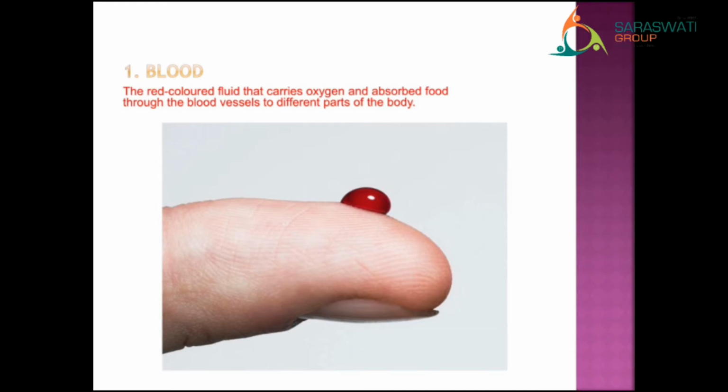So it is a fluid that carries oxygen and absorbed food through the blood vessels. It provides oxygen to our body, and it also absorbs food through the blood vessels, the good nutrients from the food, and absorbs them.